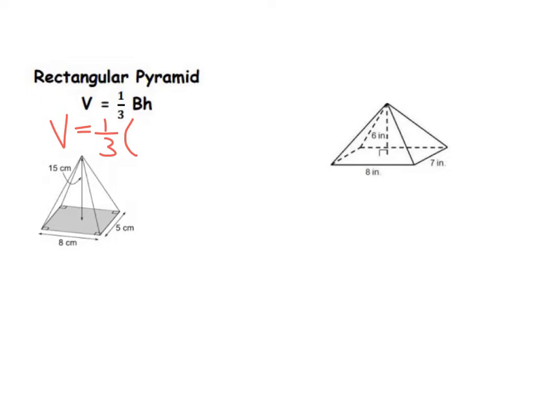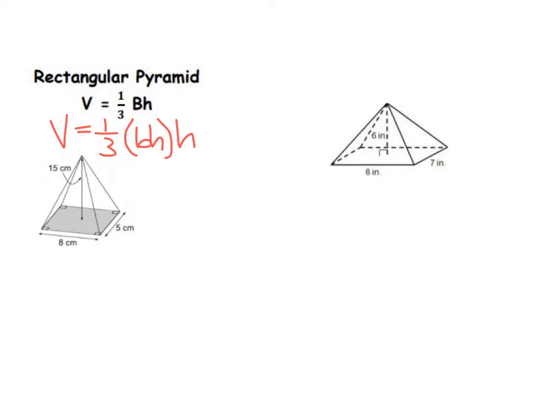Now, the capital B is area of the base. So that means you're multiplying base and height of the base, and then times the height of the prism. Okay, so go ahead and write that on your paper too. So the capital B transforms to base and height of the square or rectangle. So now that we have that, let's go ahead and find the volume of this pyramid.